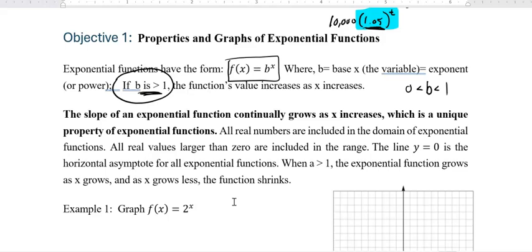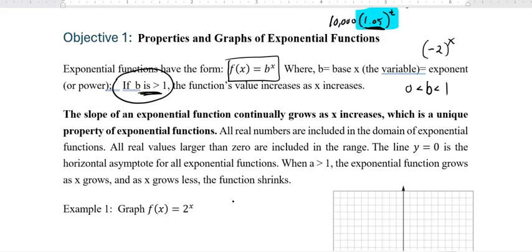Why can't the base be less than 0? Well, if I look at something like this, this is not included in our definition of allowable bases, because this is going to act really weird. When x is positive, this thing's positive.